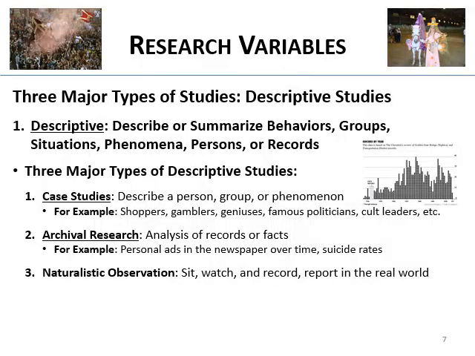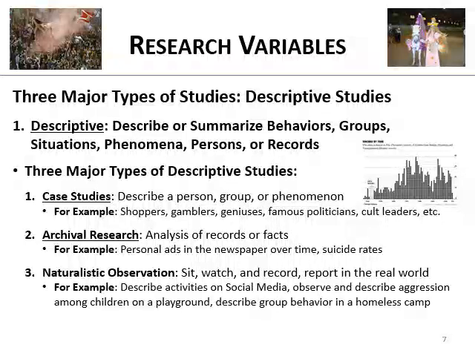Finally, we have naturalistic observation, which would be just sitting, watching, recording what you're seeing, and then reporting it in the real world, specifically events. So you might describe activities, for example, on social media, or you observe and describe aggression among children on a playground, or you describe the behaviors that you're seeing in a homeless camp.